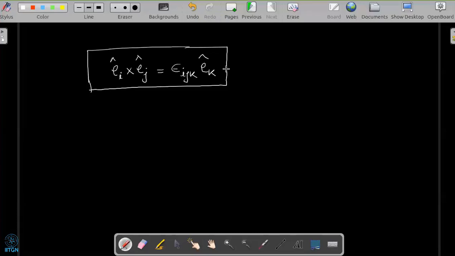Sir, this expression you have written, EI cross EJ, and then epsilon IJ. Could I write it like that? EI cross EJ is equal to epsilon K IJ EK.